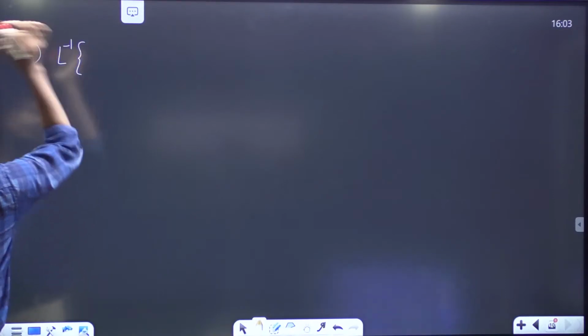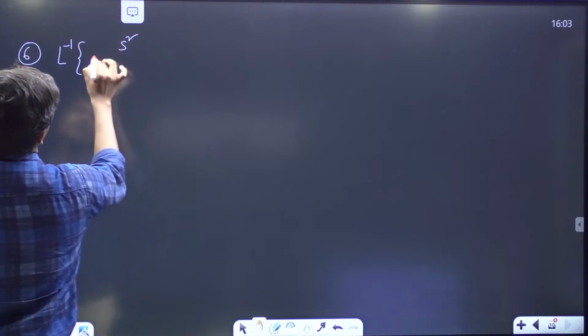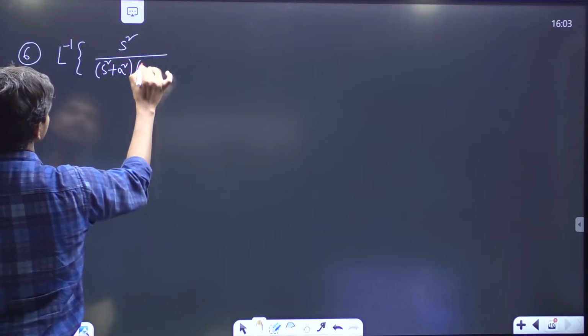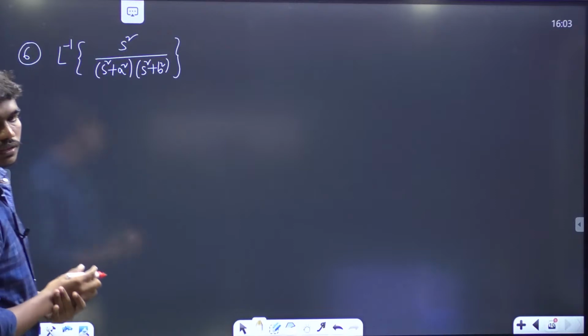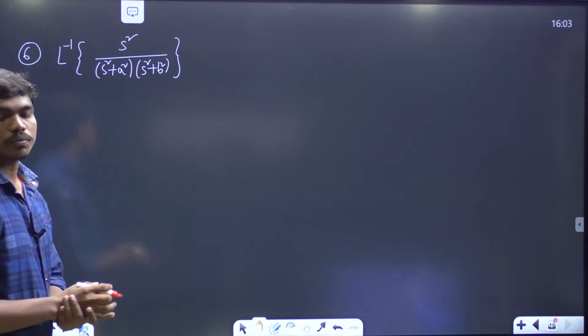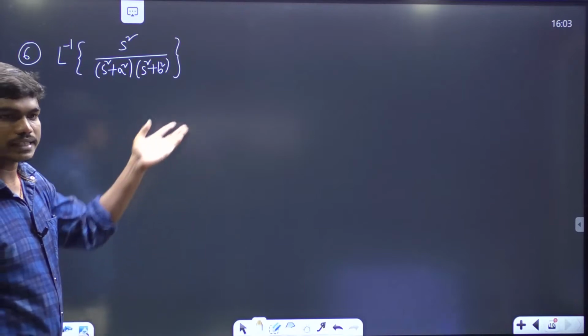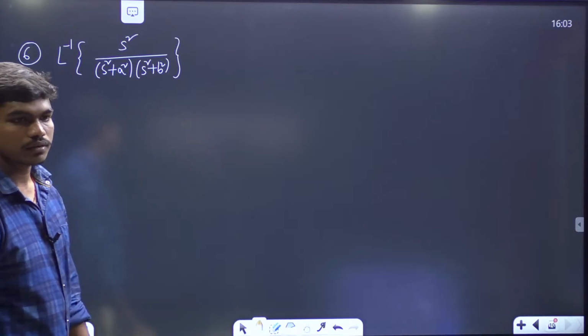Laplace inverse of s square divided by (s square plus a square) into (s square plus b square). Okay, so please try to tell this. No need to convert this into partial fractions. You can directly use whatever method you are acquainted with.